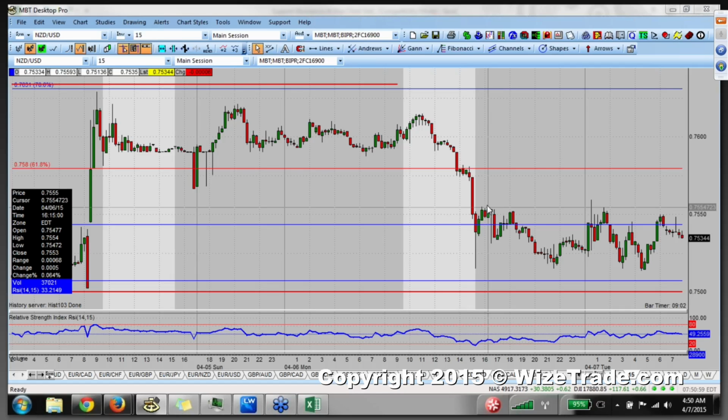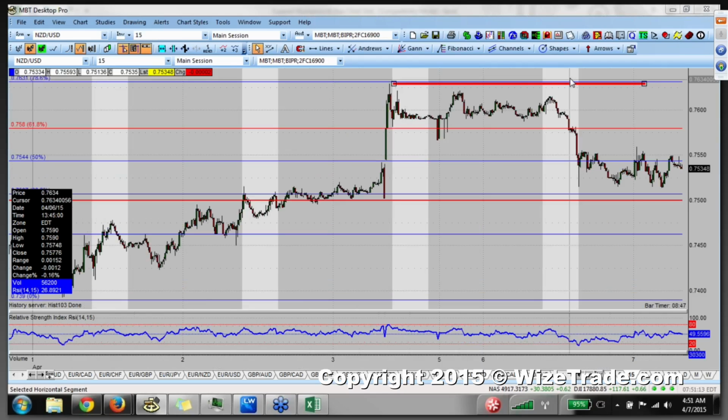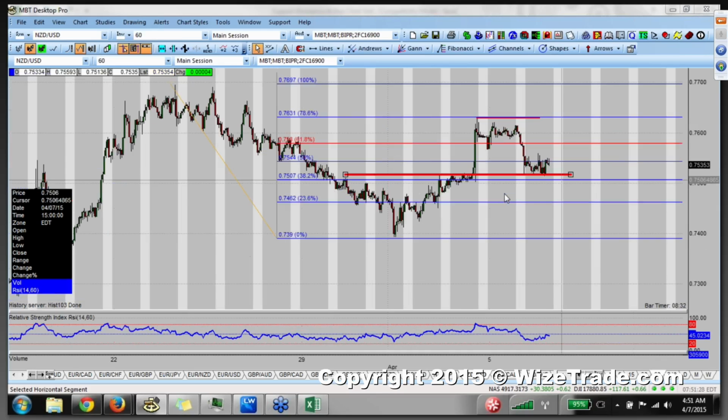But you can see we're really defining the Kiwi as far as resistance and support goes. So resistance here is 76.30. Support might even be shy of 75 cents now. I may have been off a little bit in my calculations.